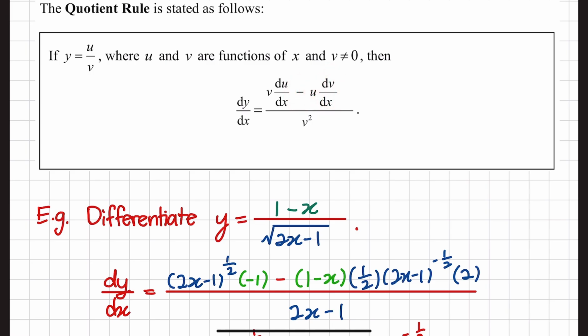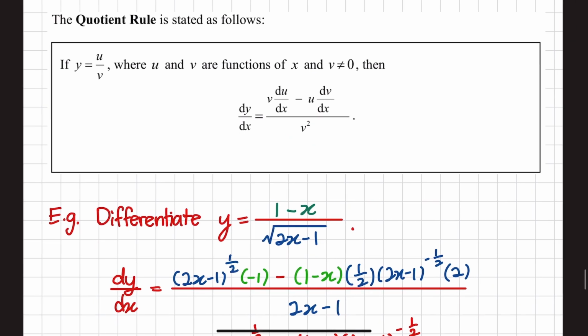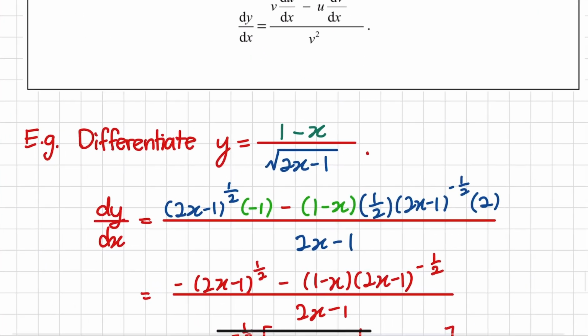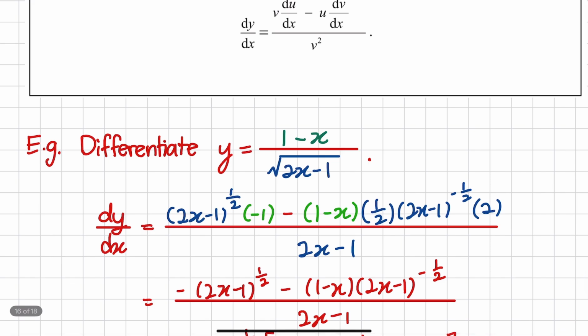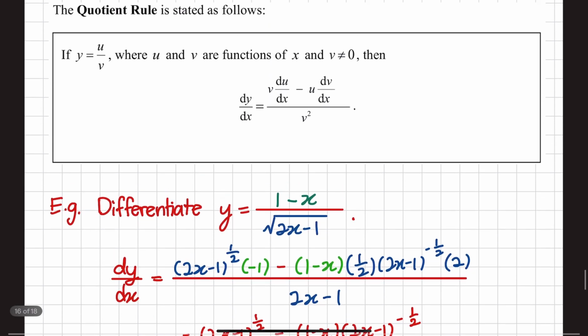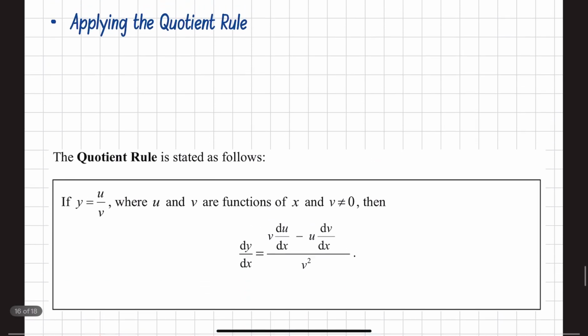Then the whole thing divided by your denominator squared. You need to remember this. This is not in your formula sheet. That is how you apply the quotient rule when you have a function y given by a fraction, which contains numerator and denominator, which contains x terms. This will be the end of the video. I hope that you have learned how to apply the quotient rule to differentiate any expression or function.